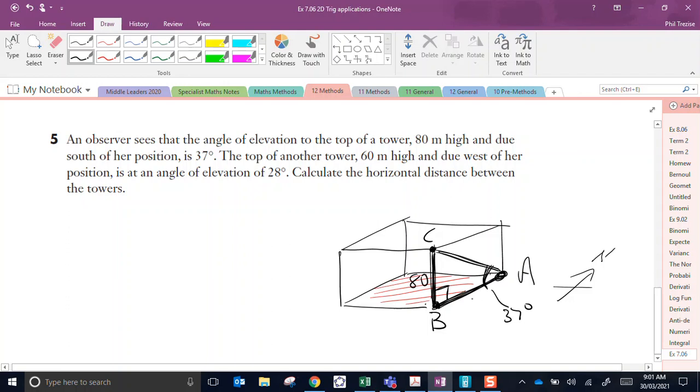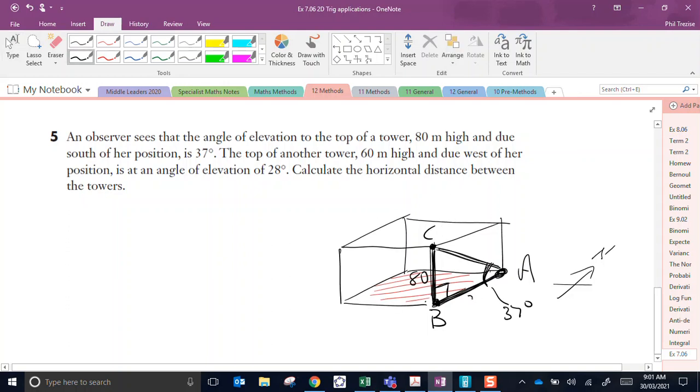I might give that a pronumeral. Let's call that X. And I might do that straight away. Using a right angle triangle shouldn't be too hard. The 80 is the opposite, X is the adjacent. So tan 37 degrees is 80 divided by X. X should be 80 divided by tan 37.